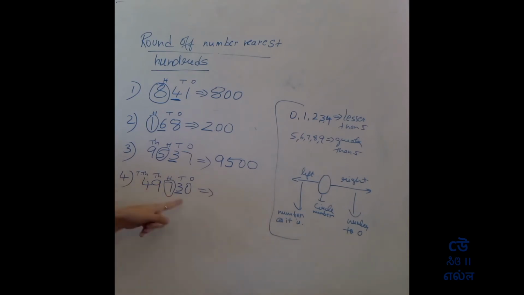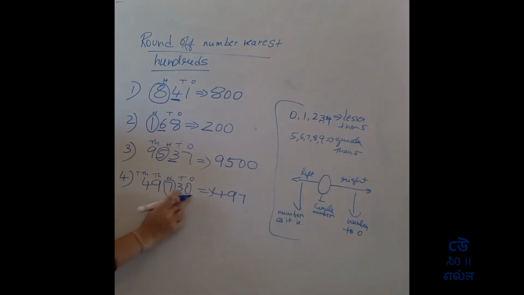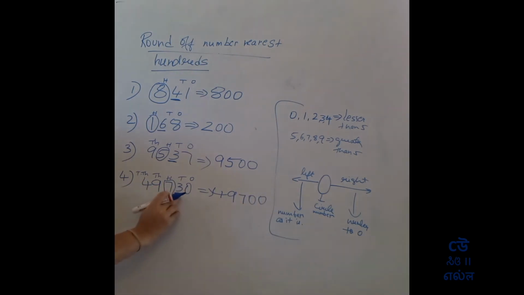We have 3. 3 is less than 5. So, the hundreds place value will remain the same. No need to change anything. So, left side we have to write as it is. So, 7 remains the same and right side will be 0, 0. Right side to the circled number will be considered as 0. Left side to that number we write as it is.